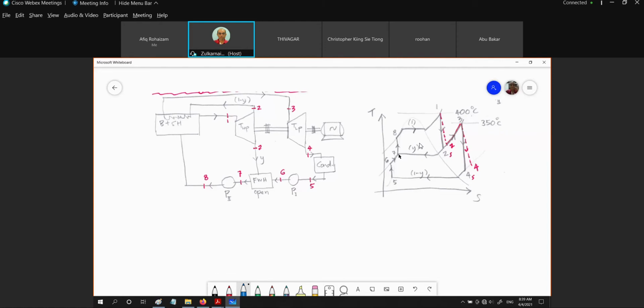That is the condition for an open feed water heater. They must operate at one pressure, meaning that we are going to have P6 equal to P2 and equal to P7.